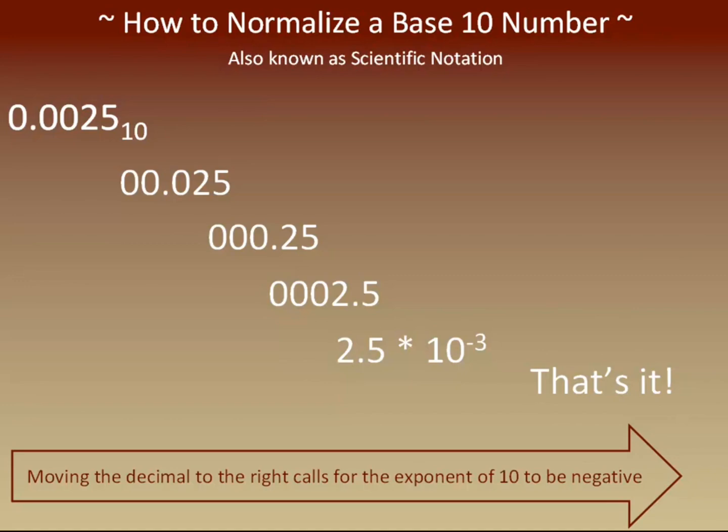Now, since we moved the decimal point, we have to remember to multiply by 10 to some power. Since we moved the decimal point to the right 3 times, that means the power is a negative 3, which means that 0.0025 is written in a normalized format as 2.5 times 10 to the negative 3.